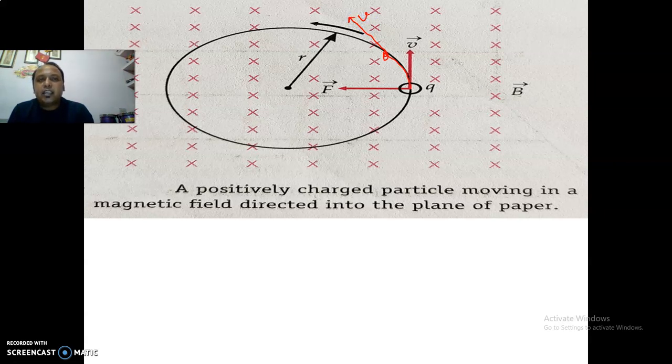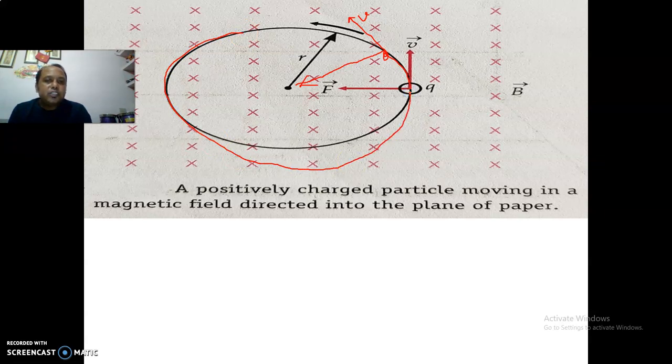This will be the direction of velocity at this point. Magnetic field is again in the downward direction, so the direction of force, using the rule for finding the direction of cross product V cross B, right hand thumb rule or right hand screw rule, will be this. Because of that, again it will bend and the process continues, and we find that it starts moving in a circular path.